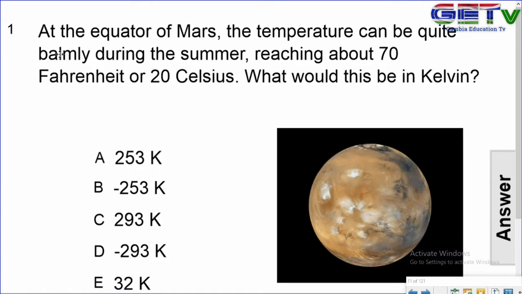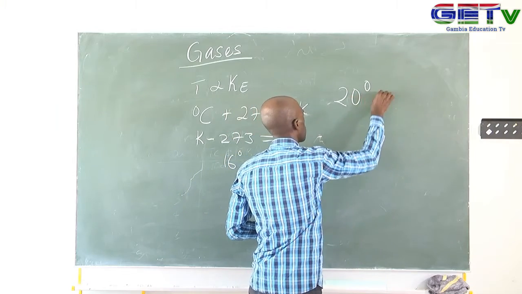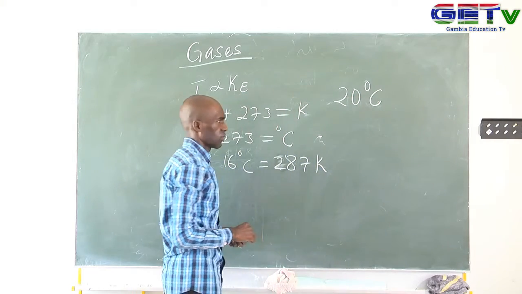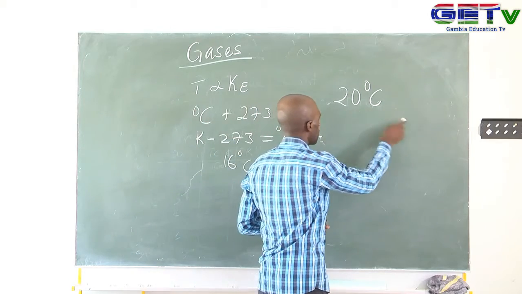Let's look at this question. At the equator of Mars, the temperature can be quite balmy during the summer, reaching about 70 Fahrenheit or 20 Celsius. What would this be in Kelvin? The value given here is in degrees Celsius, and we want to convert this into Kelvin.